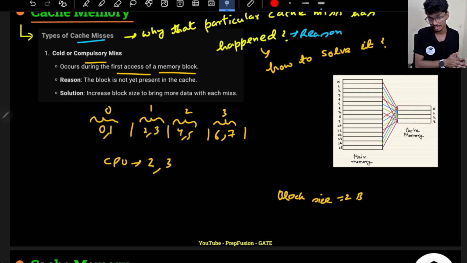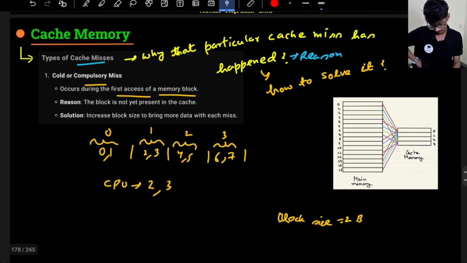So there is less chance of having a miss if the CPU requests some nearby data of the initial call. So that is the solution: increase the block size to bring more data with each miss. That means there is a less probability of missing anything.